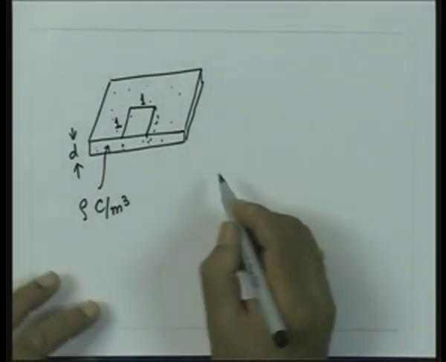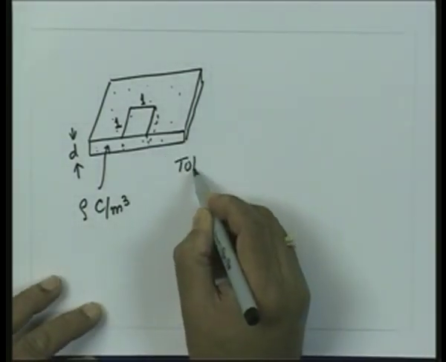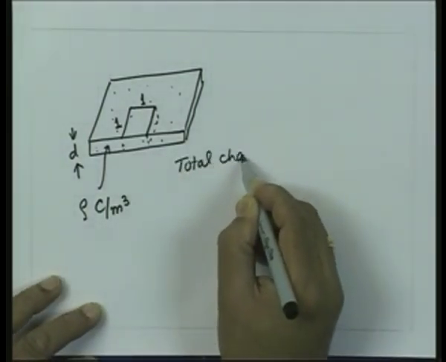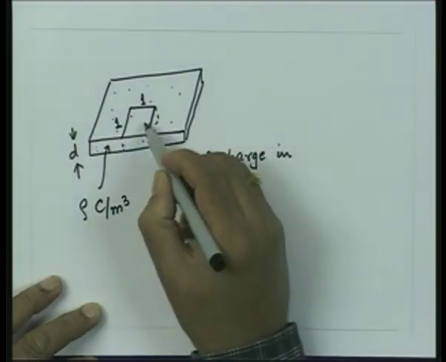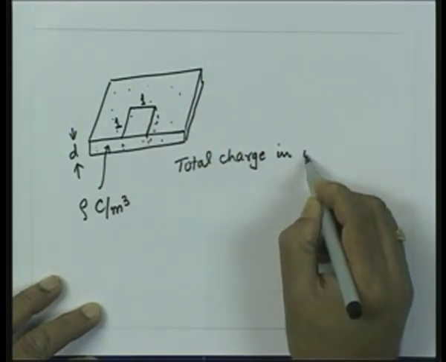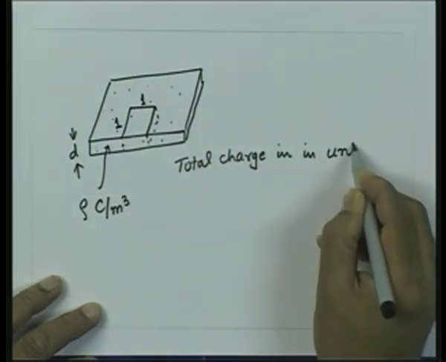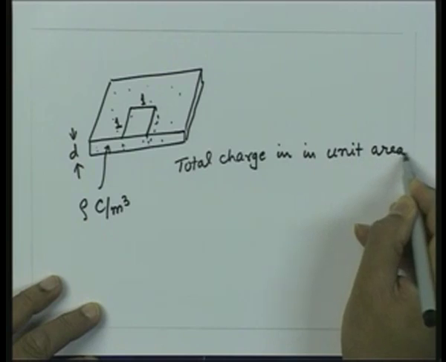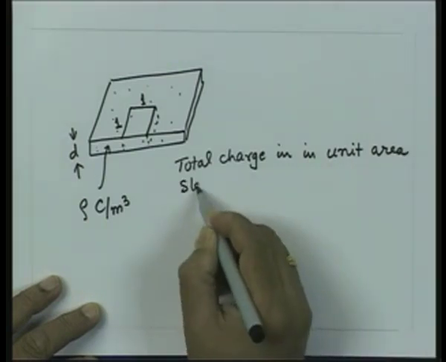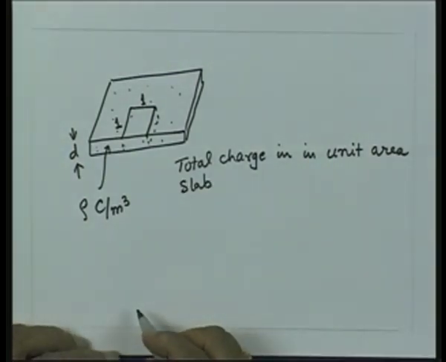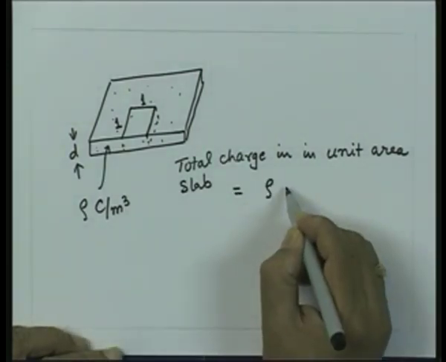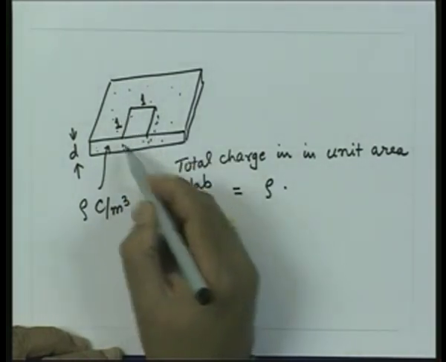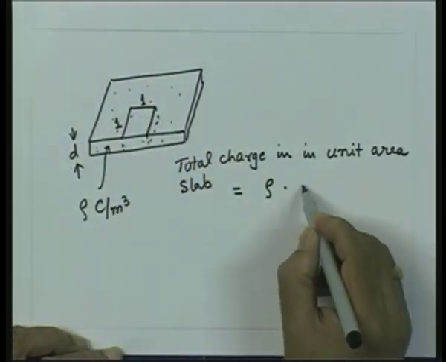So, I have the total charge in this unit area slab, which will be equal to rho into the volume, which is 1 into 1 into d. So, that is equal to rho d.